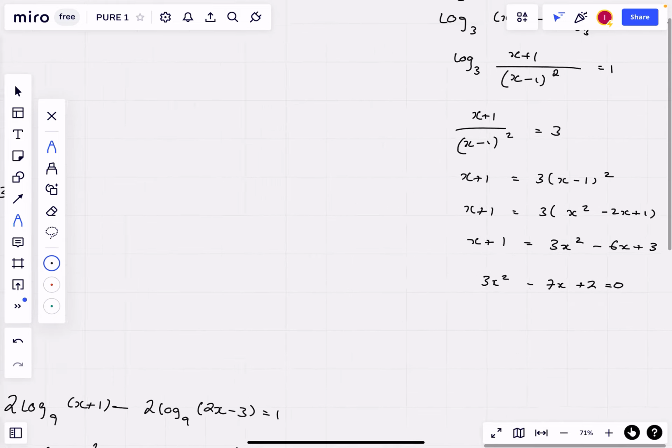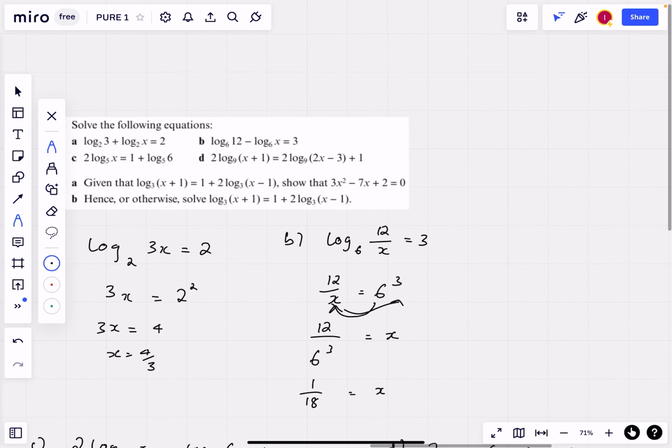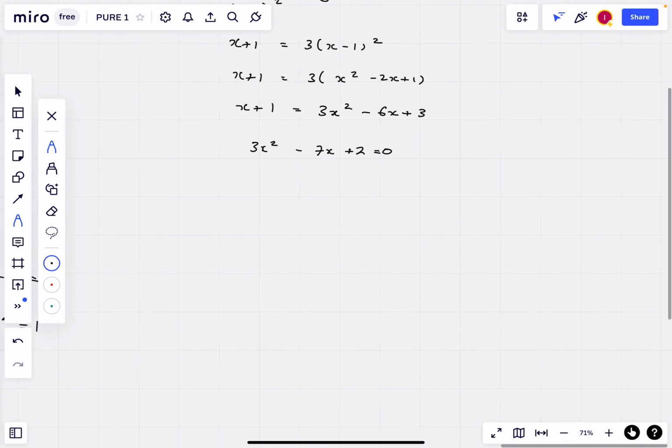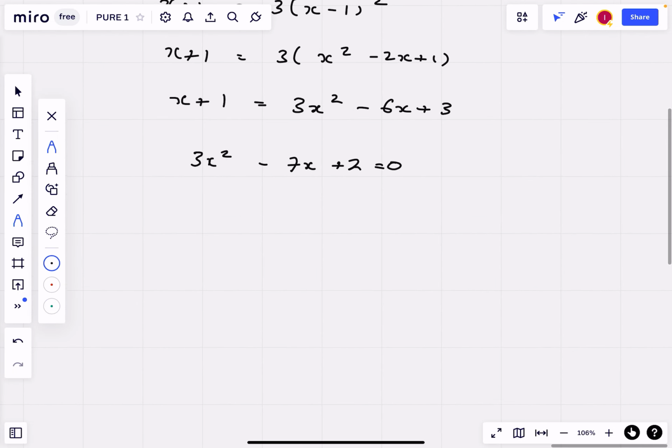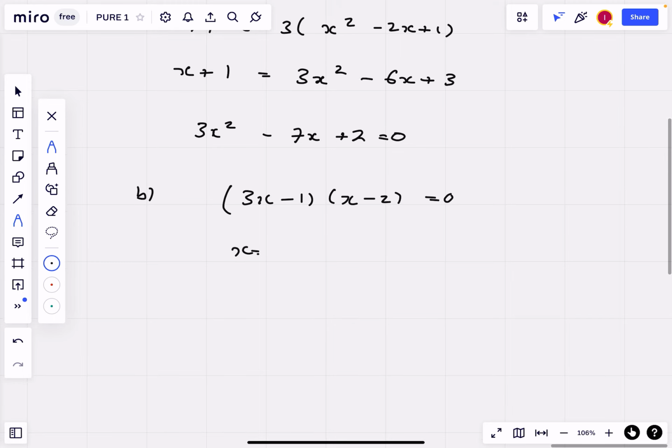There we go. And that's what they wanted us to show. Hence or otherwise, solve. From here, it's just a matter of factorizing. We get 3x minus 1, x minus 2 equals 0. So x equals a third, x equals 2.